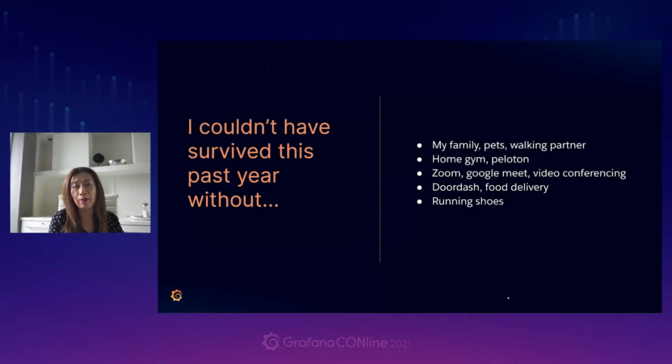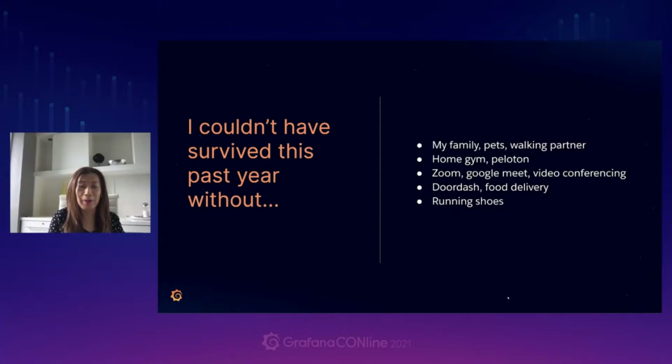Before we start, there's one very fun slide the Grafana event team has provided for us: the one thing last year we couldn't survive without. We did a fun survey in our team, and this is all a vote from our team. Number one is really our family, including pets and all our working partners.